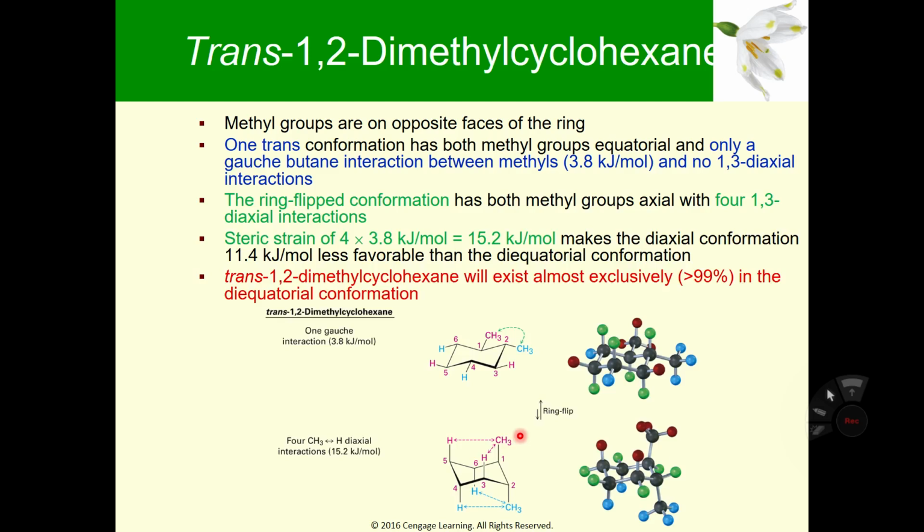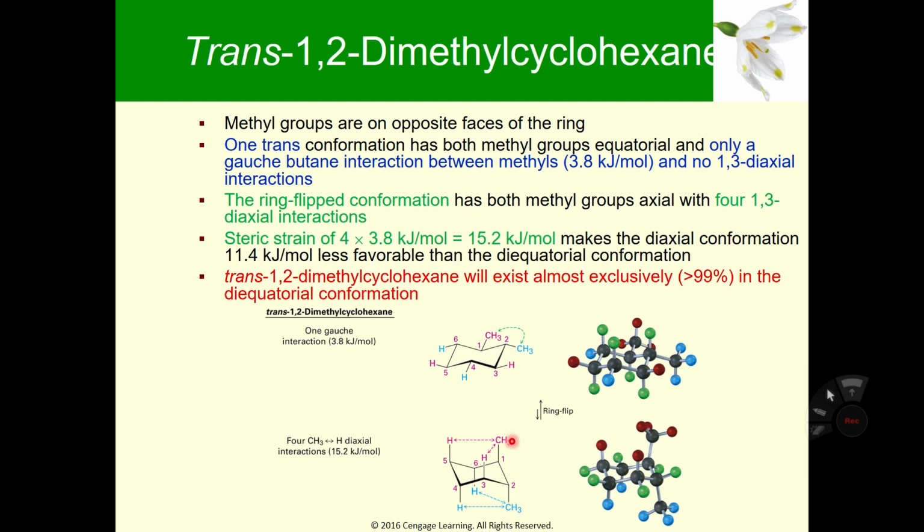How about trans? If you have trans 1,2-dimethylcyclohexane, let's think about its conformation. Trans means two methyl groups are pointing away, right? So, for example, here, this methyl group is pointing up, this methyl group is pointing down, so they are trans, right?